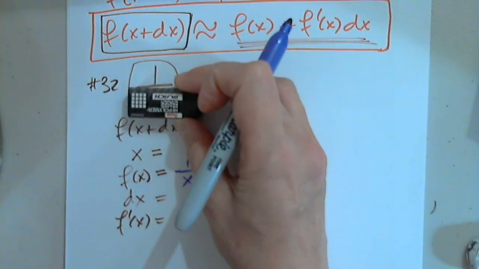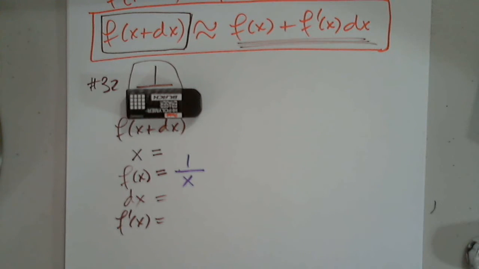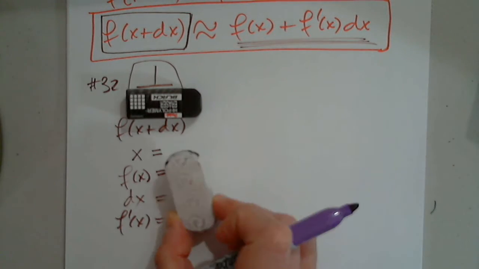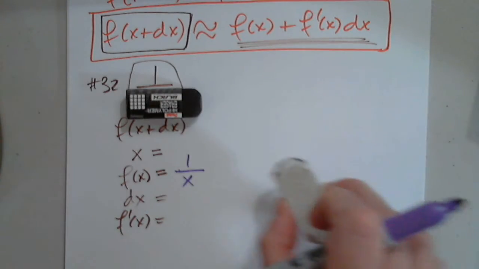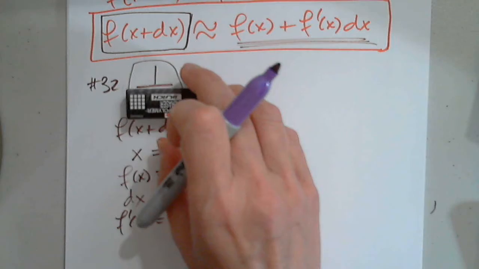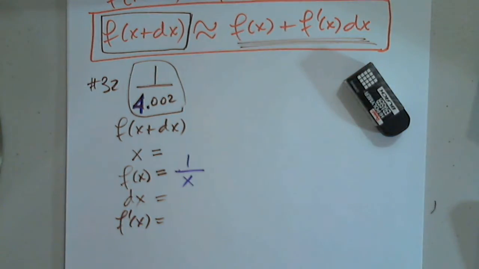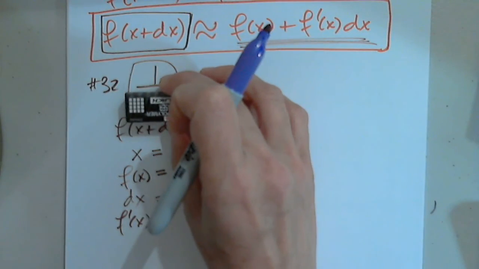Perfect. So, can anyone give us an idea of what f of x could be? Is it 1 over x? Good. Now let's look. Wait, for the f of x, where do we get the 1 over x from? So this is a number.